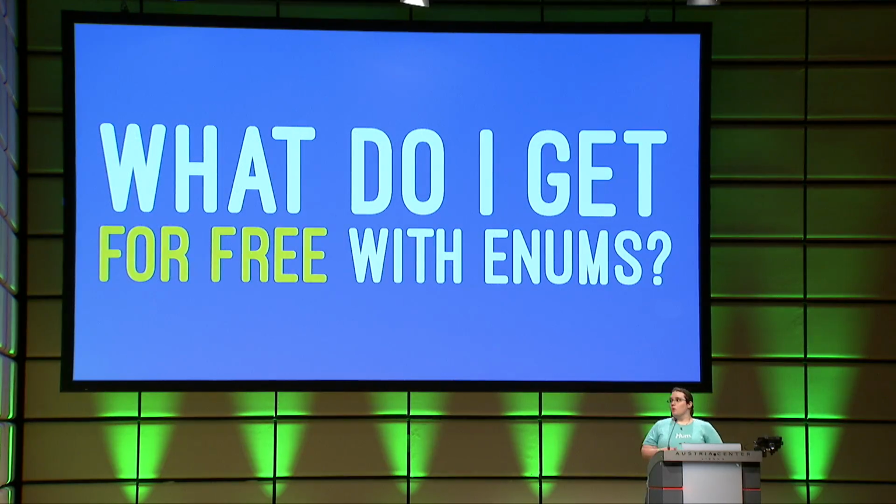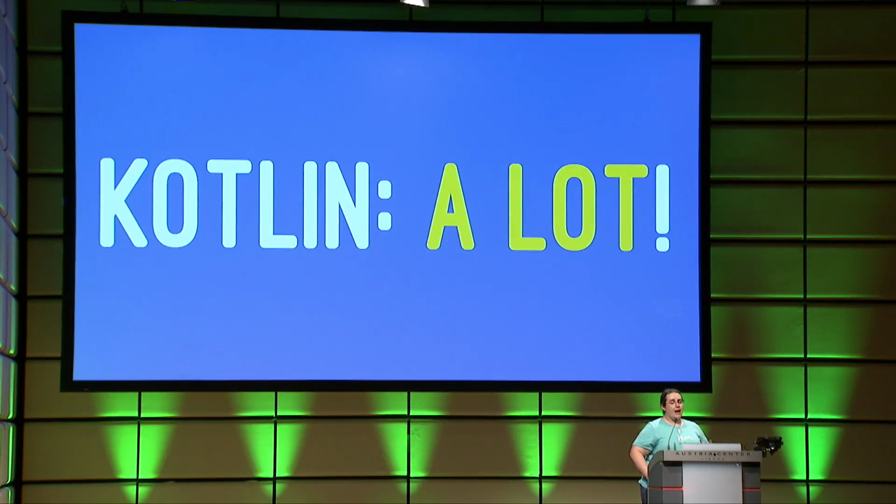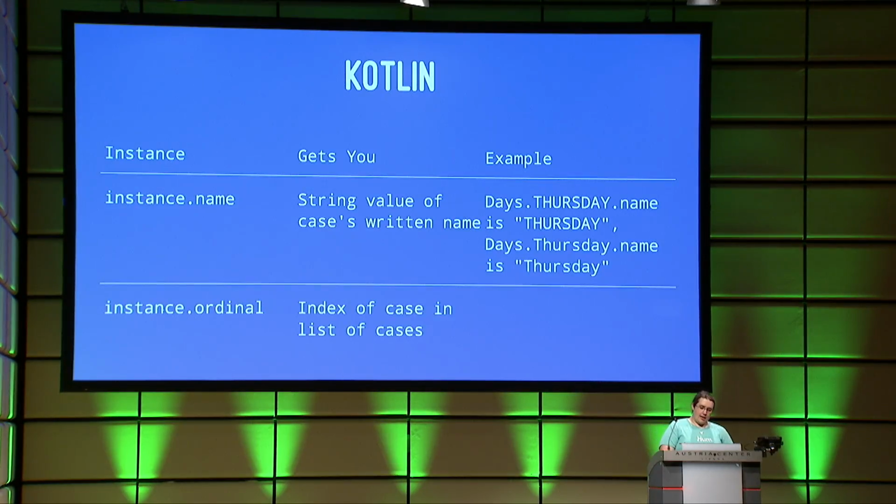So what do you get for free with enums? There's different things that actually come as part of the standard library for either Kotlin or Swift enums. And I'm going to start with Kotlin because you actually get quite a bit for free with a default enum class. So if you have an instance of an enum class, so let's say traffic light color.red, if you say traffic light color.red.name, that gives you the string value of the case's written name.